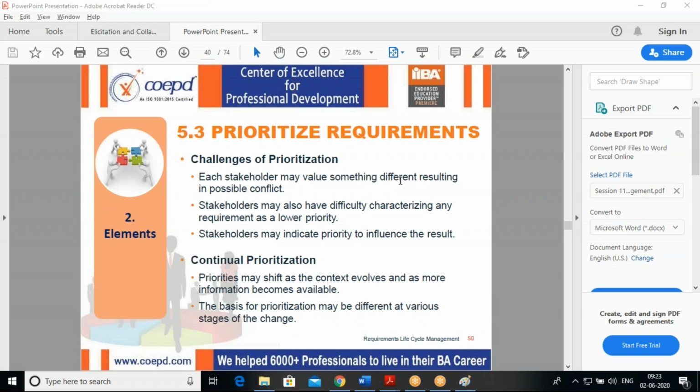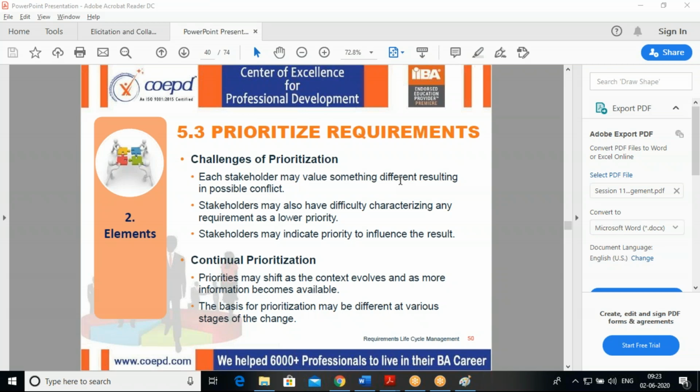You got me, no? When you are discussing with an accounts officer, generating a report gets the highest priority, and he may give low priority to the team members entering the data. But in fact, without the team members entering the data, you can't generate a report. That's where the conflict comes, and challenges in prioritization come.